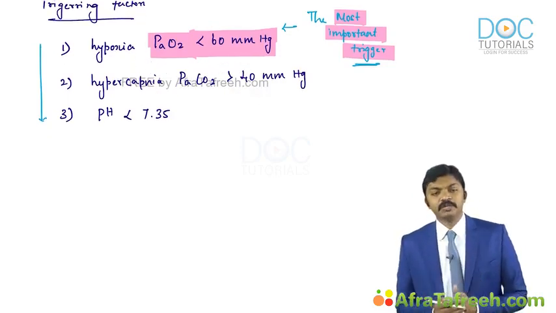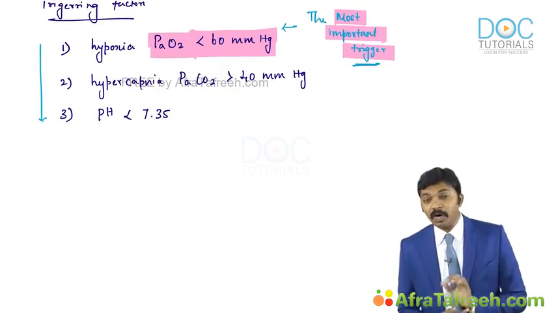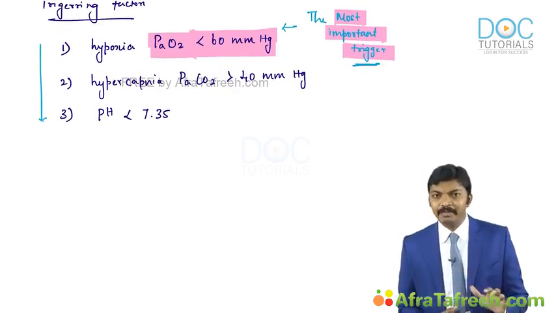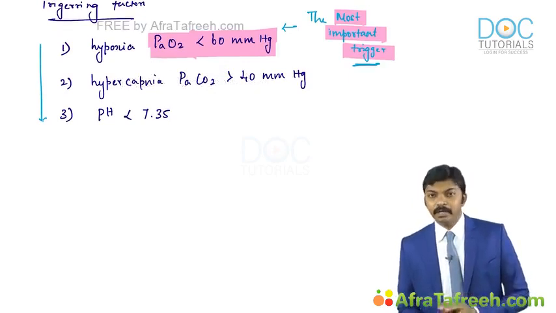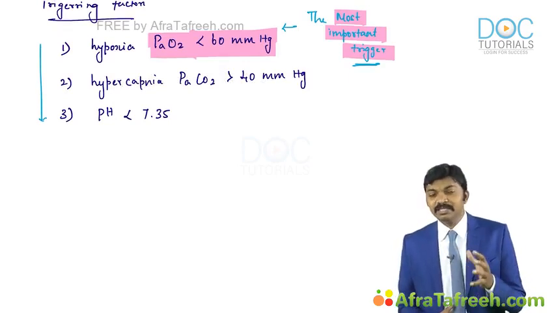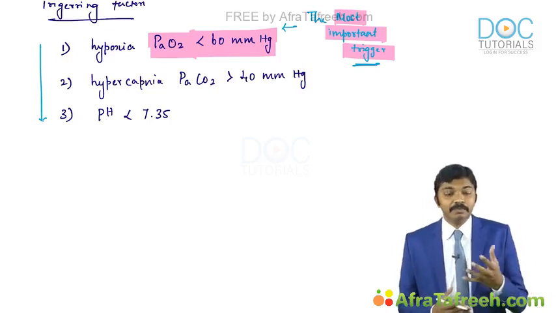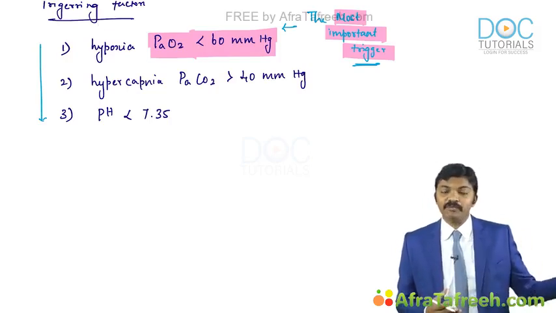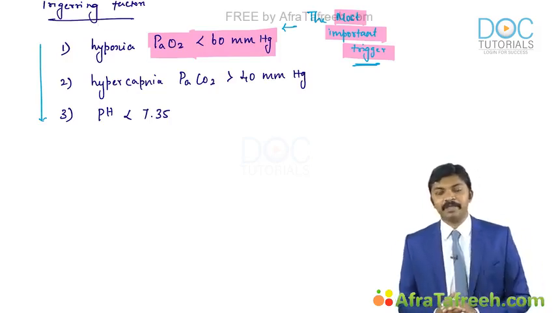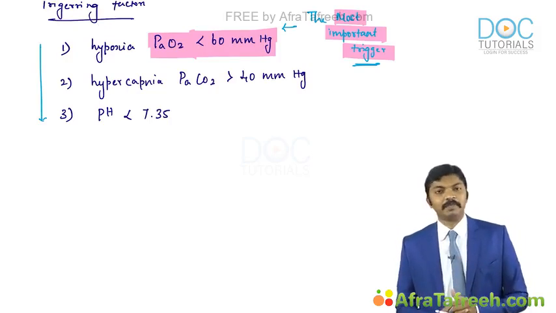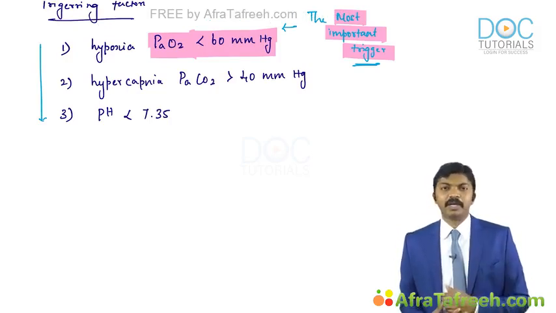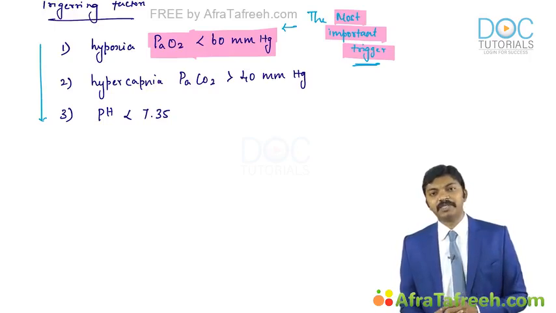Now, you guys know that arterial partial pressure of oxygen is about 98 millimeters of mercury, right? But what level does it take to activate a peripheral chemoreceptor? The partial pressure should fall to a value of about 60 millimeters of mercury, isn't it? But when you consider carbon dioxide, the normal carbon dioxide partial pressure itself is 40 millimeters of mercury.